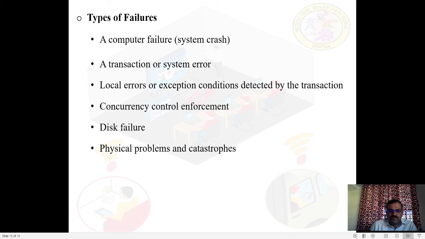Failures of types computer failure, transaction or system error, local errors or exception conditions detected by the transaction, and concurrency control enforcement are more common than disk failure, physical problems, and catastrophes.